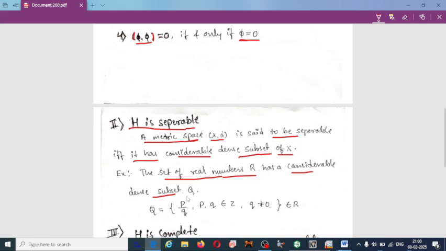Let us take Q. Q we use to denote rational numbers. So Q is a subset of the real numbers, the whole group. We can denote it as p by q, where p and q are integers, and q should not be equal to 0, because rational numbers are written as a ratio.